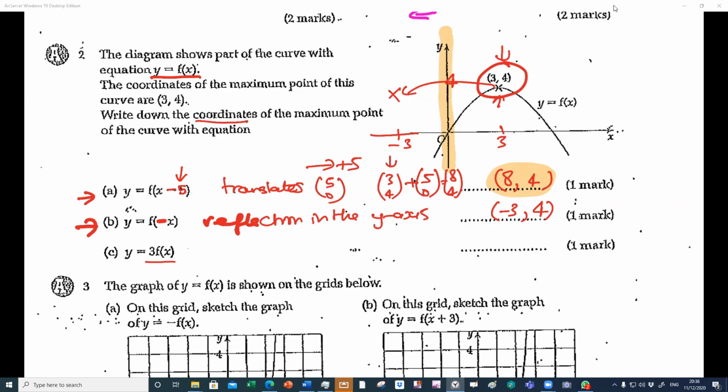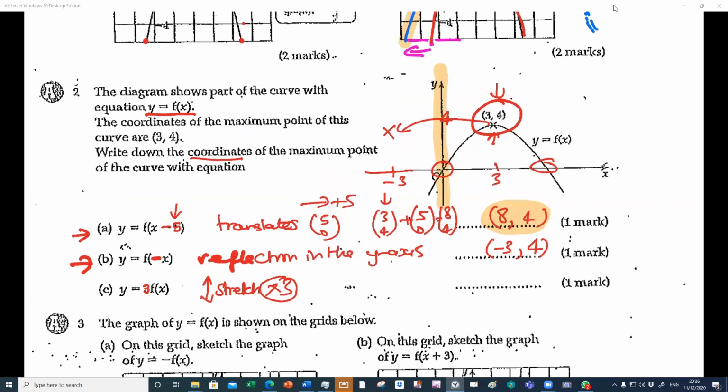Okay, next one. What's happening here? They're putting the 3 outside at the front. So do you have to move the values by 3? Well, it's times. You're not moving the values by 3, you're stretching the graph by a factor of 3. Remember, these points will stay stationary, but this point here will go zooming up. So what was the height originally? 4.